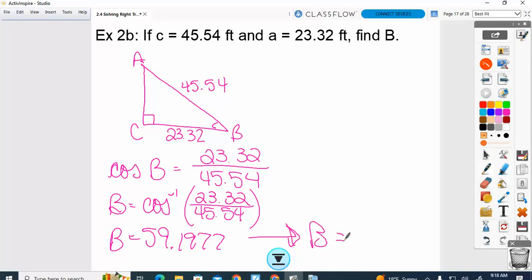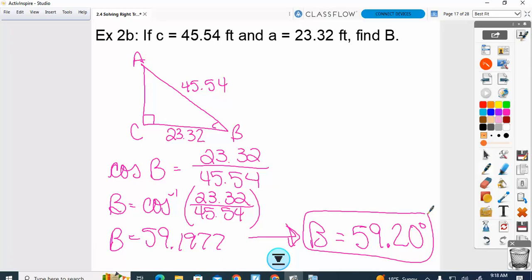So that would take you to 59 point, the 19 would have to round up, so 59.20. Or not feet, we're in angles, so degrees. Why did I put the 0 on the end? If I just put 59.2, how many significant digits is that? 3. But if I put 59.20, that gives you a 4.